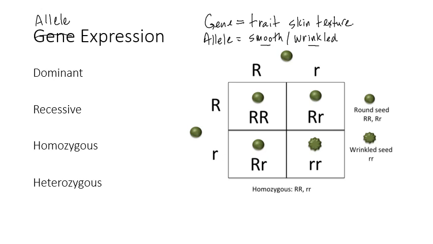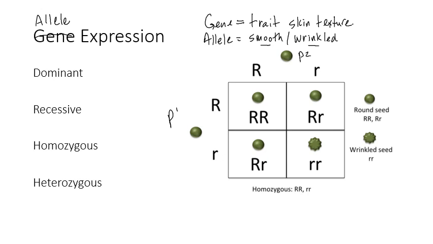So what Mendel had discovered was some alleles are dominant and they cancel out recessive traits. So for example, here we'll have, say, parent 1, and on the top we'll have parent 2.